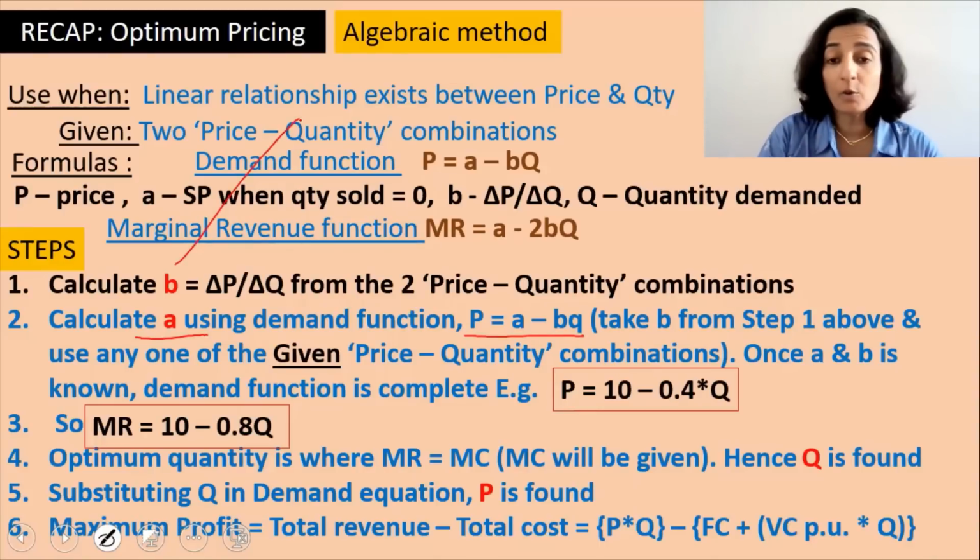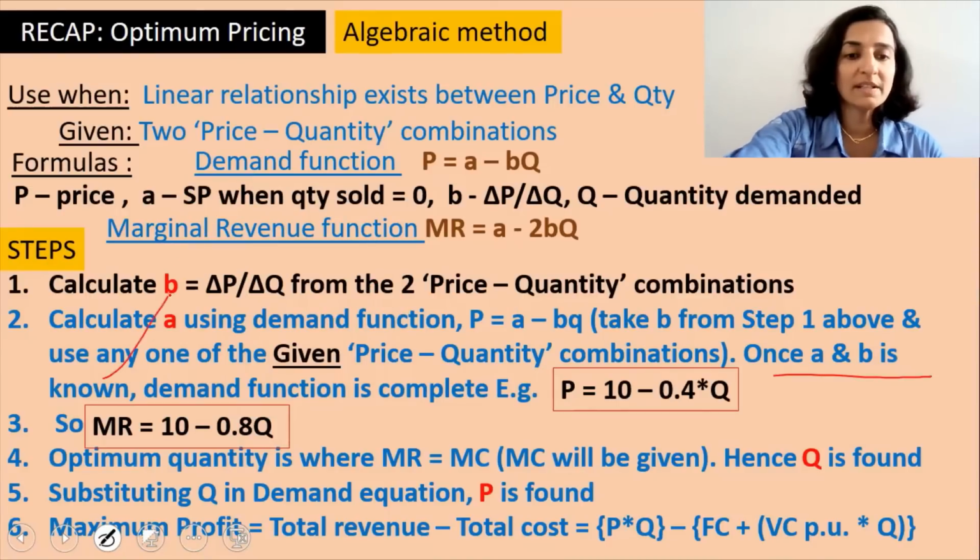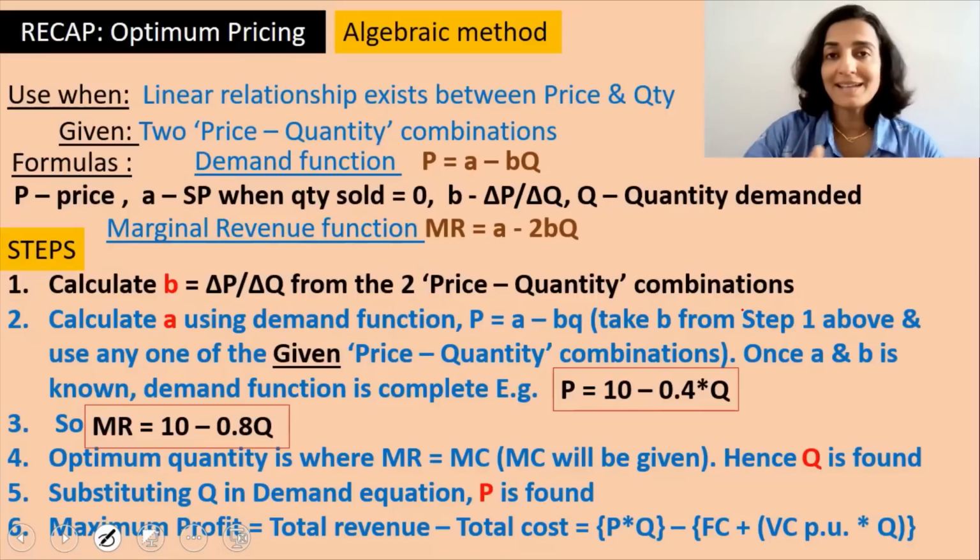Now we have already found B in step 1, and then you can take any of the given price quantity combinations in the question. Once A and B are known, the demand function is complete. As an example, you could say the demand function will be P is equal to 10 minus 0.4 into Q, where 10 is A and 0.4 is B.